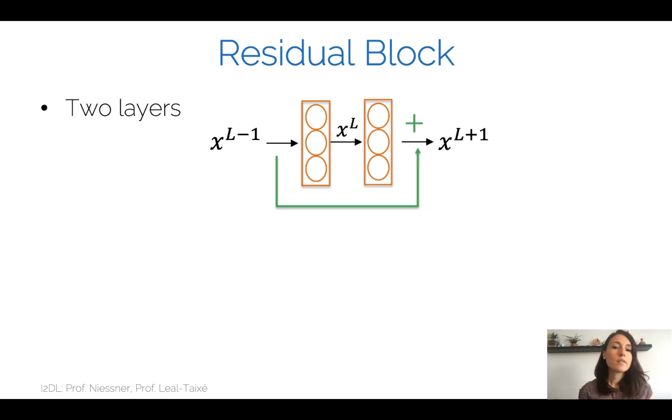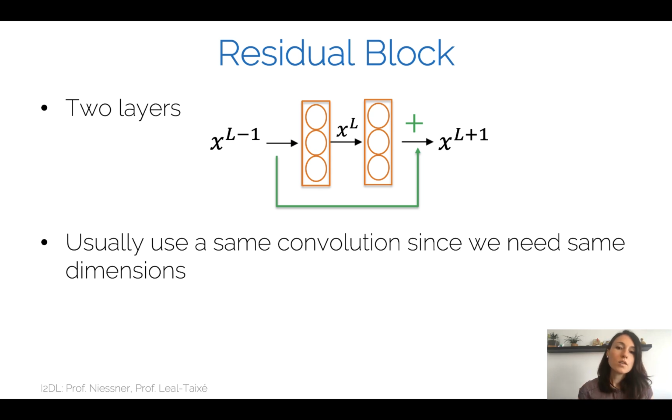So now, in order for this operation to be valid, we need to make sure that the size at the output XL+1 is the same as the size at XL-1. Of course, if we have convolution operations in these two layers in the middle that heavily reduce the spatial size of the activation maps, then once we reach this point, the two sizes will not be the same.